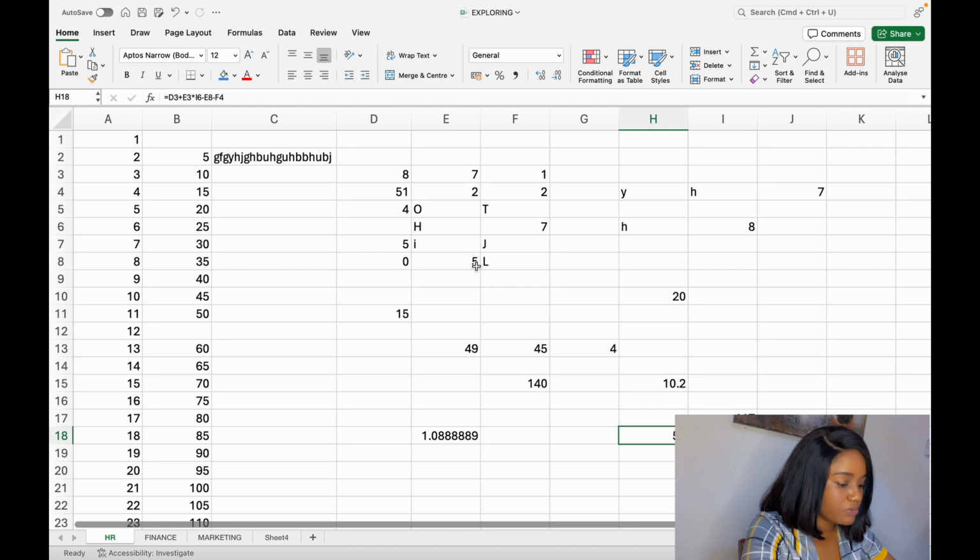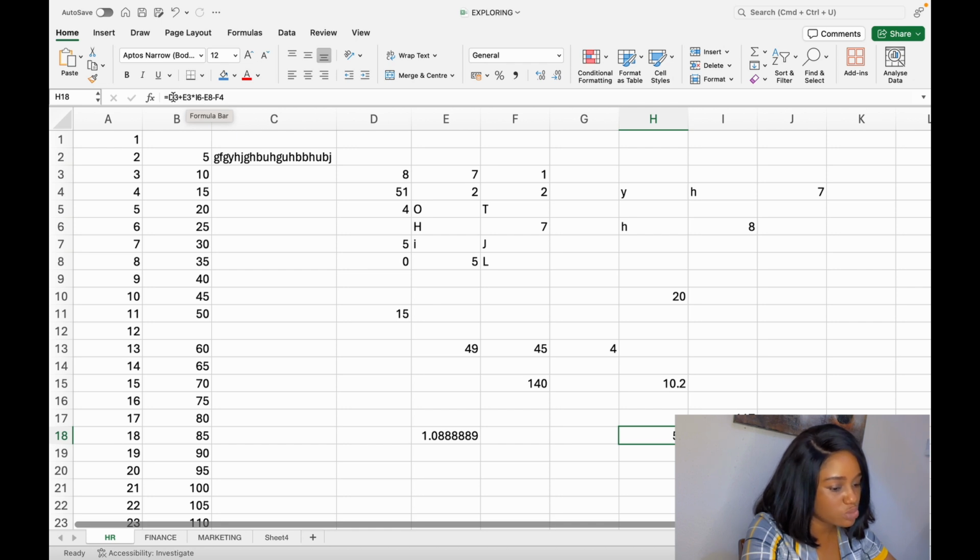64 minus 5 gives us 59. Now 59 minus F4, which is 2, gives us 57. So back to what we got. What I explained earlier is if you don't put any parentheses, normal computing will try to make multiplication the priority. So it will try to handle E3 times I6 first.